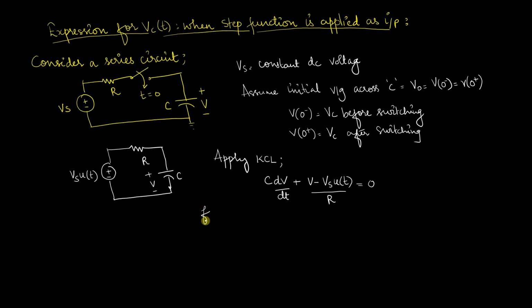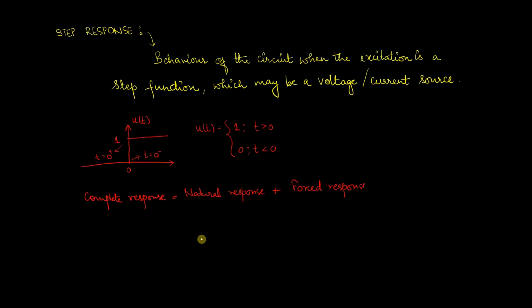Further this can be simplified as dV by dt plus V by RC equals Vs of u of t divided by R into C. Now for t greater than 0, we know that u of t is equal to 1, as we have just seen in the step function.